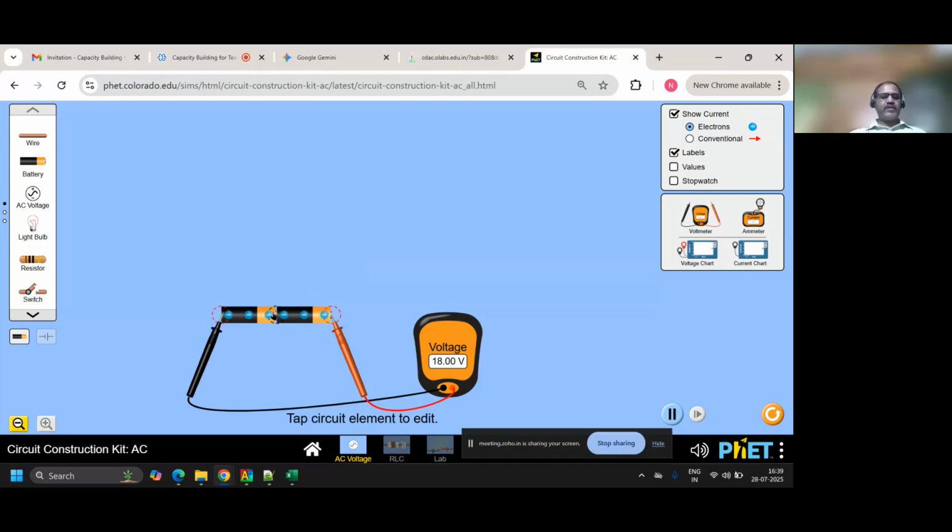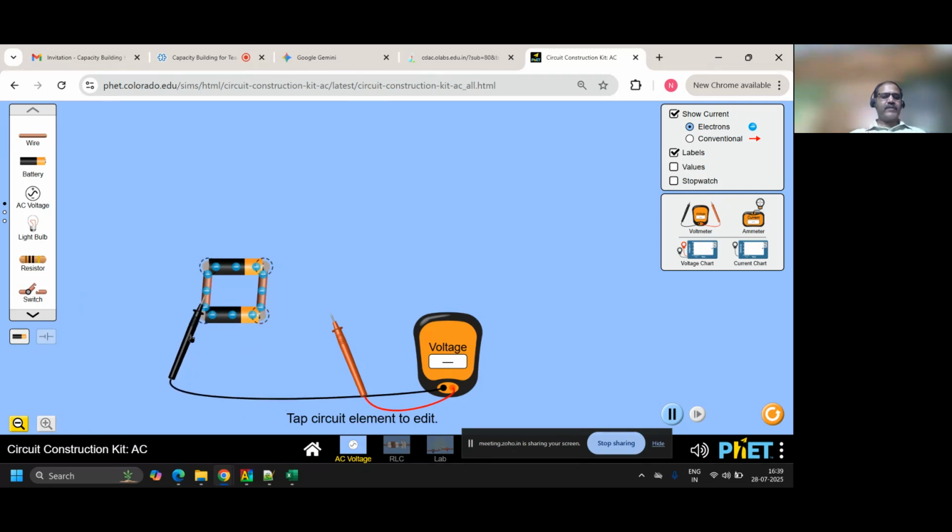Let us see. I want to disconnect, just click on it. A scissor will appear, it is detached. Now I have this battery and this battery. I take a wire, connect the negatives of these two batteries, take another wire, connect the positives of these two batteries. Now find the voltage between these two, only 9 volts. So when you connect two batteries, each with 9 volts, in parallel, it will be only 9 volts.